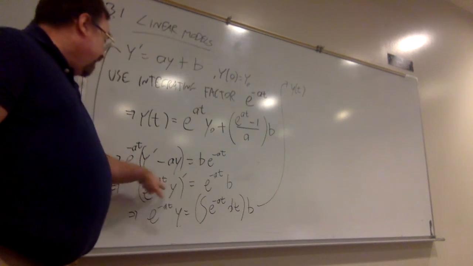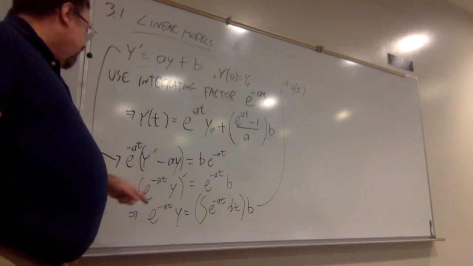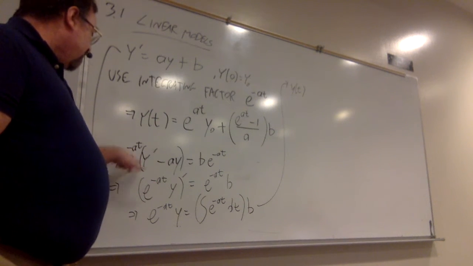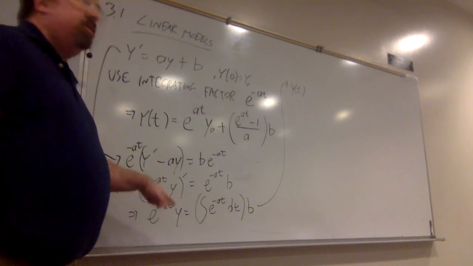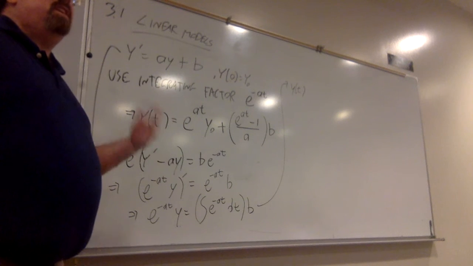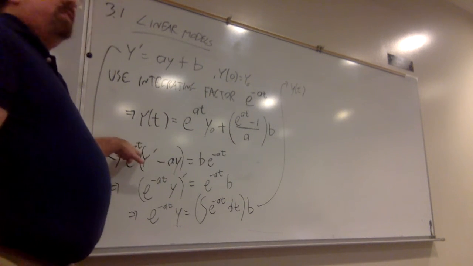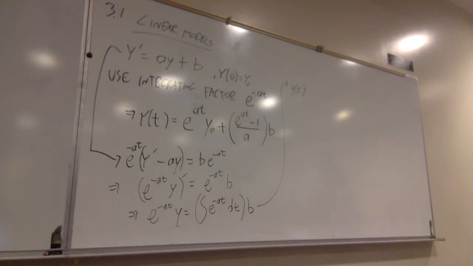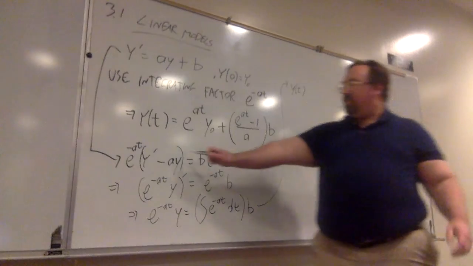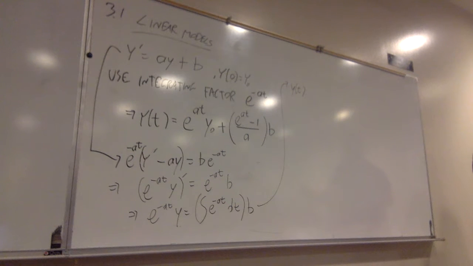If I take the derivative of all this, product rule, you get e to the minus at y prime over here, and then you get y times the derivative of e to the minus at, which is minus a e to the minus at. So that's where that comes about. So what I'm doing in going from here to here is undoing the product.